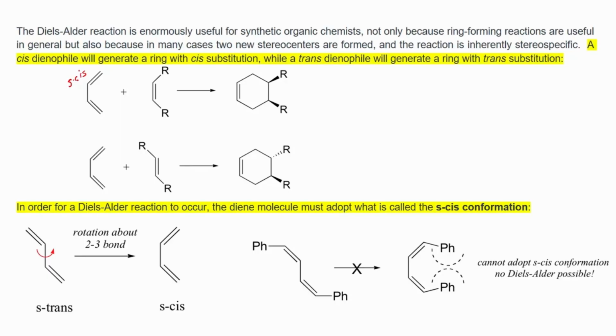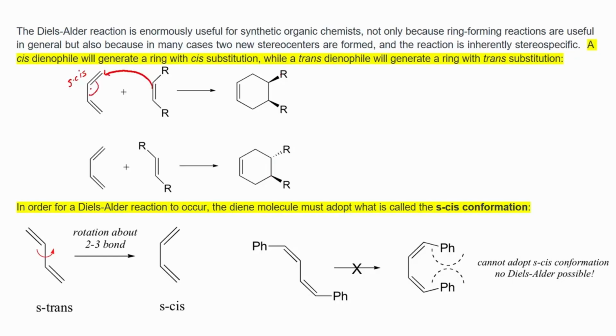A cis dienophile, you see the R groups on one side, that means hydrogens are on the same side, that's cis. That's going to create a ring with cis stereochemistry. A trans dienophile, here's trans, the H's are on opposite sides, as are the R groups, will create a trans ring. And you see this happens by creating 2 new sigma bonds.